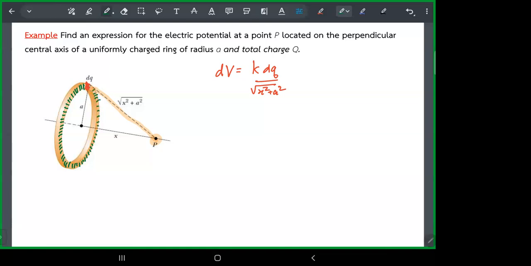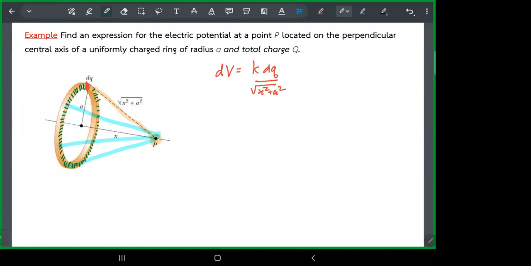However, if you notice, this expression works no matter where you are. With me? So no matter where your dq's are on the ring, you can still use this expression: dV equals k dq over the square root of x squared plus a squared, all the time.